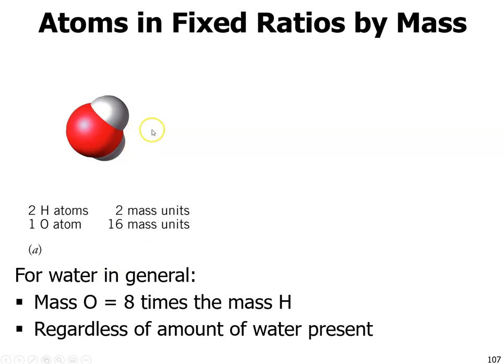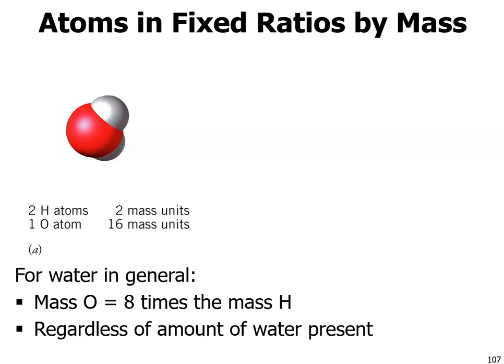What we know from this compound, if we take the number of mass units, is that oxygen is 8 times the mass of hydrogen. And that's always going to be the case, regardless of the amount of water. If we have a billion water molecules or a lake or an ocean of water, it's an 8-to-1 ratio.